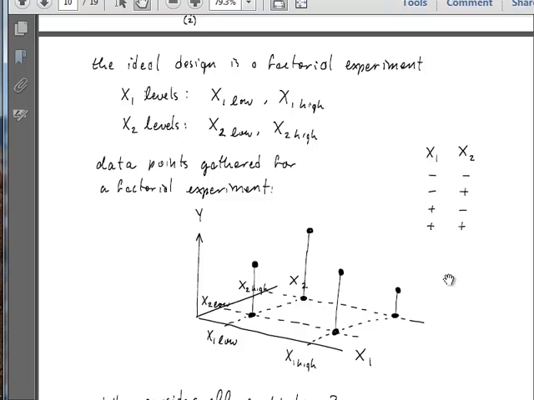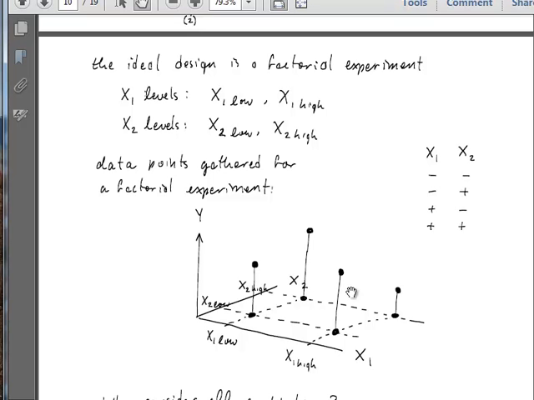Okay, so pretty intuitive that if I think about a two-dimensional space here in x1 versus x2, that is the horizontal plane down here in the bottom of the figure, that in order to really get a good representation of how y depends on these variables, I need at least 4 points to say something about that, right?